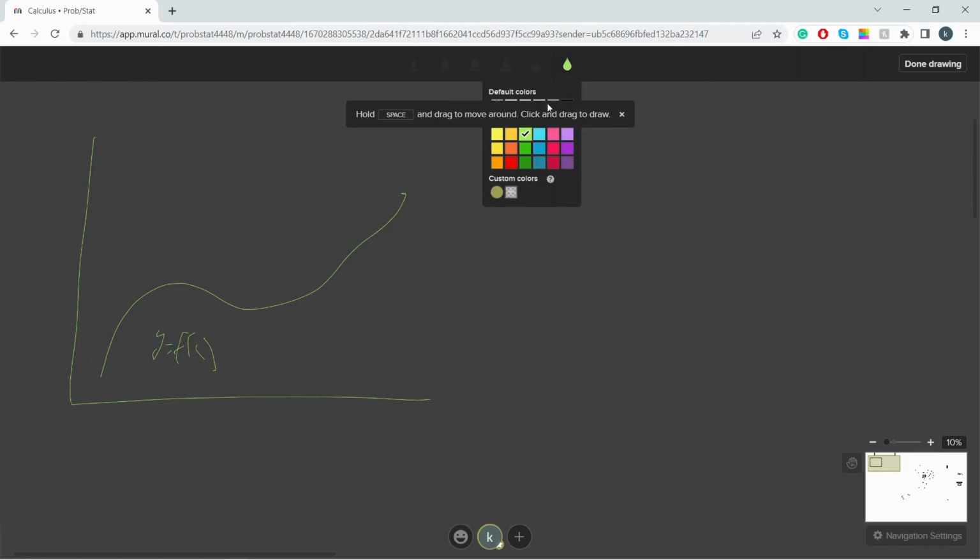And we have this blue point right here called C, and the value of this is f of C. We wanted to figure out how we can get the instantaneous rate of change of a function f at the point C.